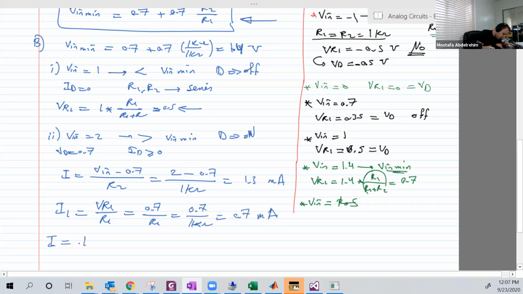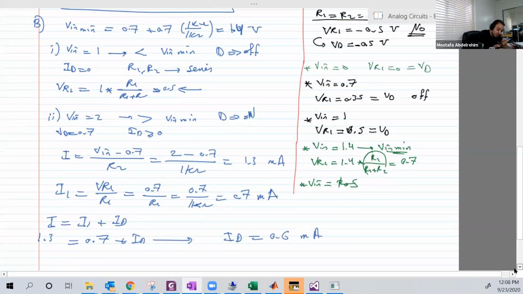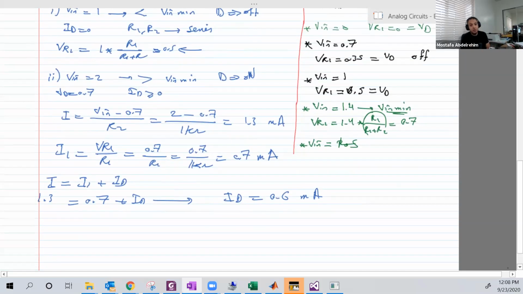I is equal to I1 plus ID, because the question asks for ID. This guy is 1.3, this guy is 0.7. ID is our unknown. ID from this will be equal to 0.6 milliamps. And as a check, it's positive, so we are on the right path.